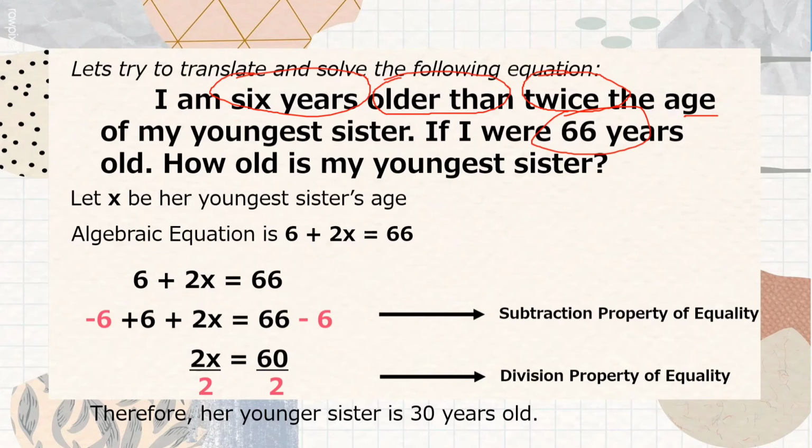Ika-cancel natin siya, parang matitira na lang dyan ay x. So, we have now 2 divided by 2 is 1, so that is considered x. And then, 60 divided by 2 is 30. So, the value of x here is 30. How old is my youngest sister? Her youngest sister is 30 years old.